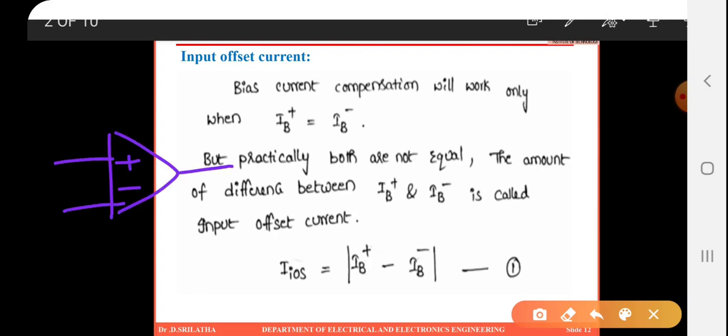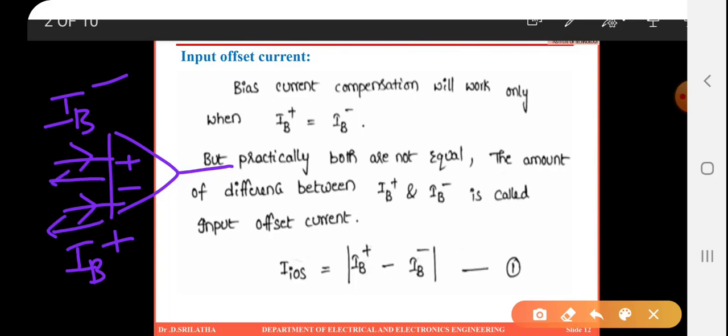Whenever a biasing voltage is applied to the op-amp, a very small amount of current flows through these op-amp terminals; these currents are known as biasing currents. These biasing currents flow into the op-amp terminals when the op-amp is constructed with NPN transistors, and if the op-amp is constructed with PNP transistors, these biasing currents will flow out of the op-amp terminals.